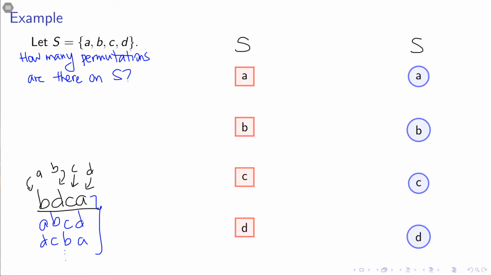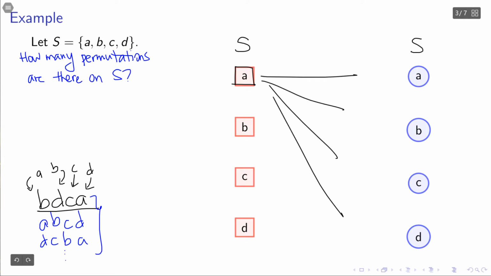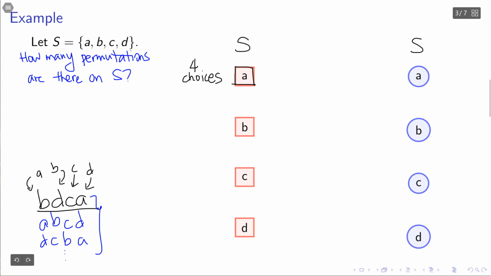For the element A in the domain, how many choices do we have in the codomain? Well, we have 4 choices at this point, right? We can map it to A, B, C, or D. So there are 4 choices here. So let's suppose we map it to B, right? So that's what we did in our example permutation.